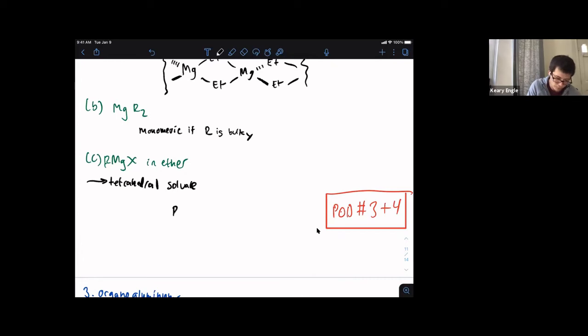So if we draw the chemical formula as such, and how that looks is as shown here. So let's consider the case of THF, just as one example.